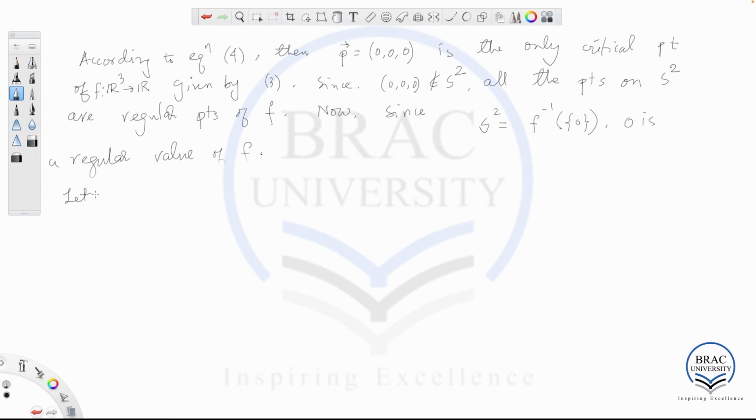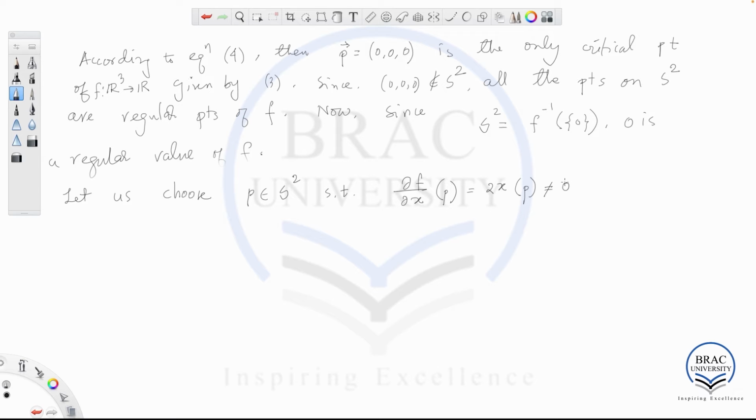Let us choose the point P on S2. We know that all the points on the two-dimensional sphere are regular points of the given function F. Now we choose any regular point on the sphere such that the partial derivative of F with respect to x at the point P, which we know is equal to 2x as we computed in equation number 4, evaluated at the point P, is non-zero.